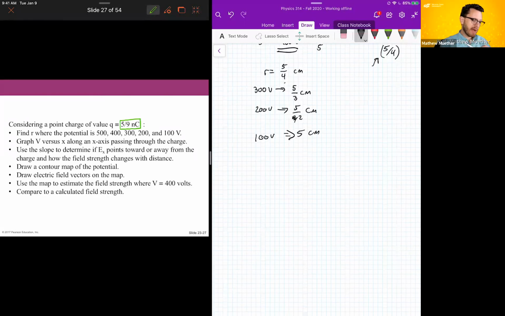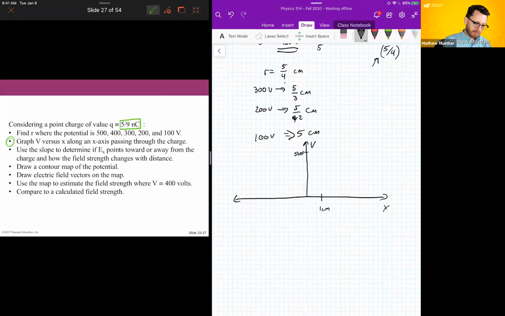Can I graph that? That's the next question over here. Can we graph V versus X along an X-axis passing through the charge? Okay, so we want to make a plot of V as a function of X. We know at, say, 1 centimeter that the voltage is going to be 500 volts.